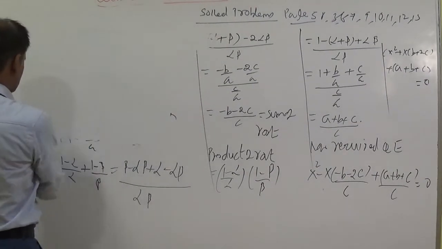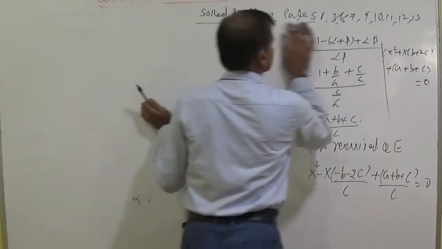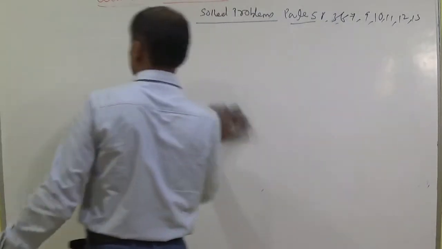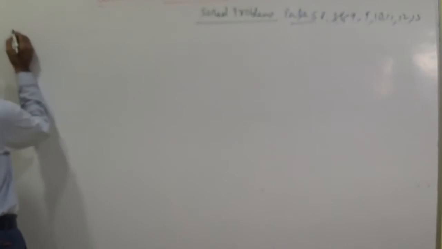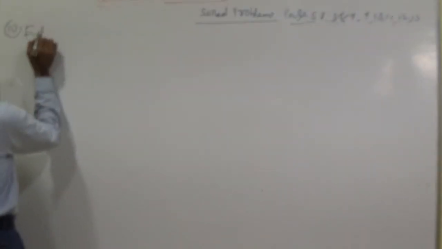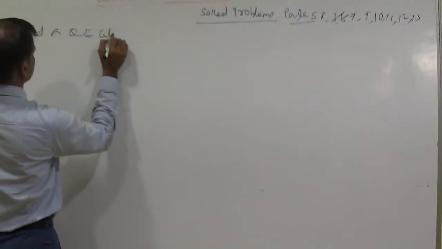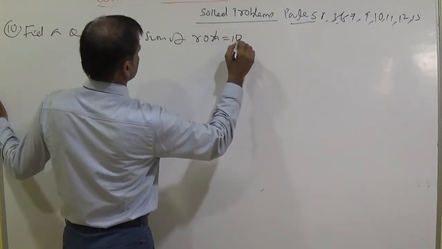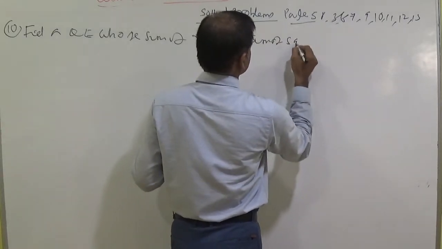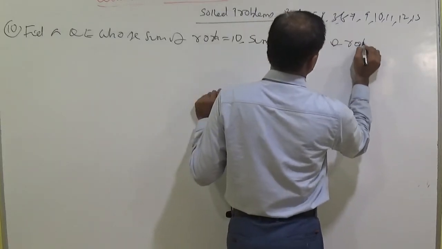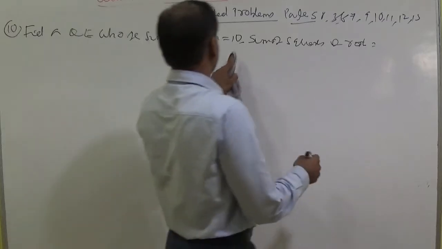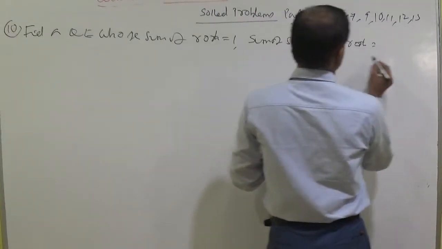Sum of roots is simply 1, and sum of squares of roots is equal to 13.